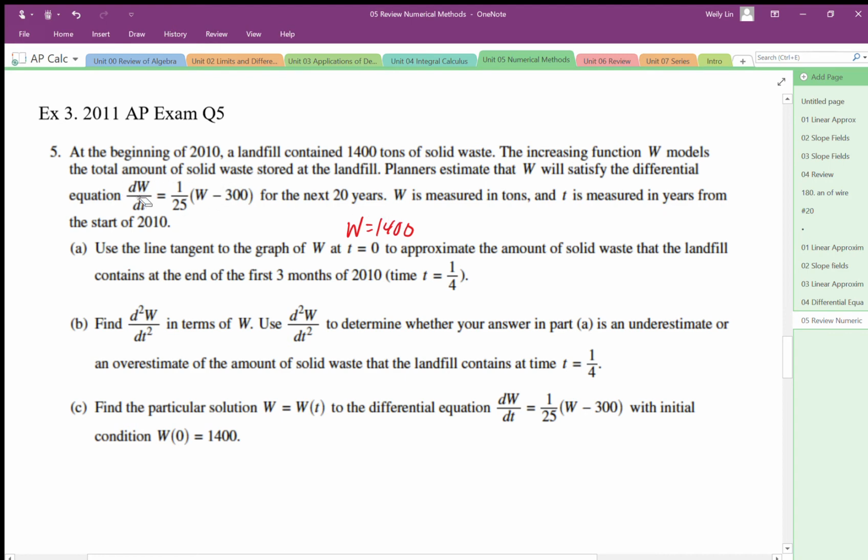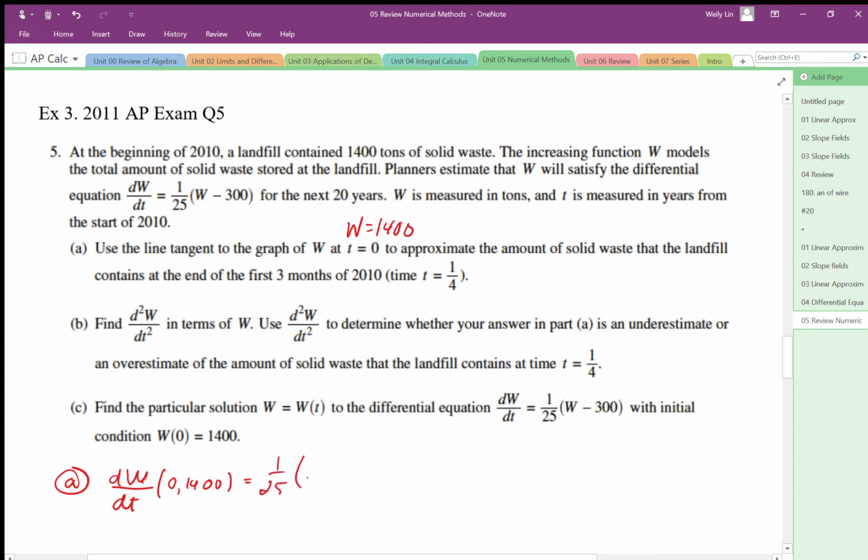Well, we can use that equation. So I'm just going to do it down here. We know that the slope we're going to use for the tangent line is when W is equal to 1,400. So when t is 0, W is 1,400. We only need the W for this.